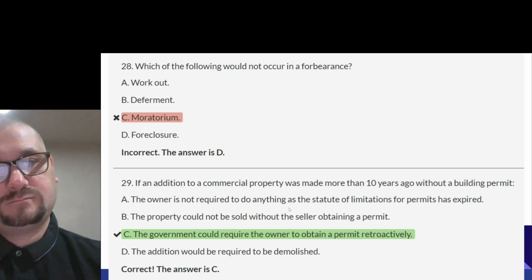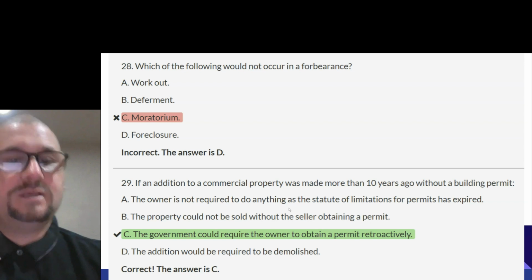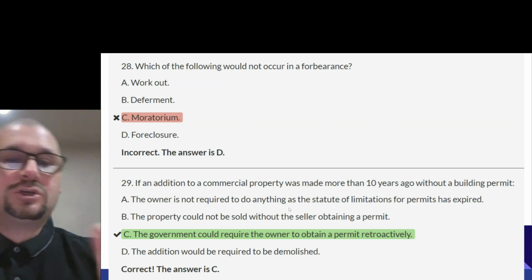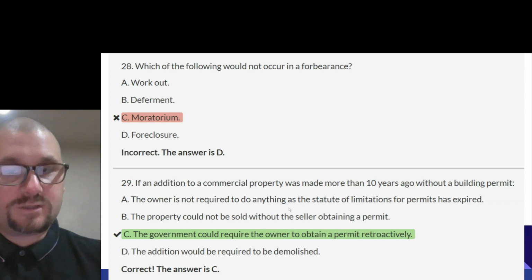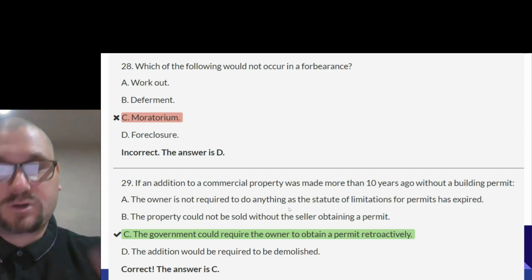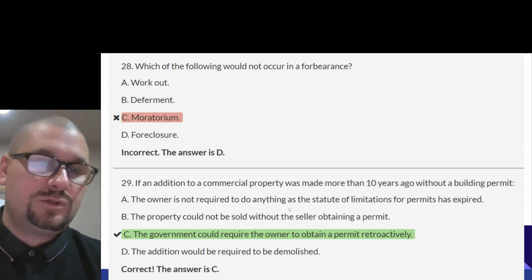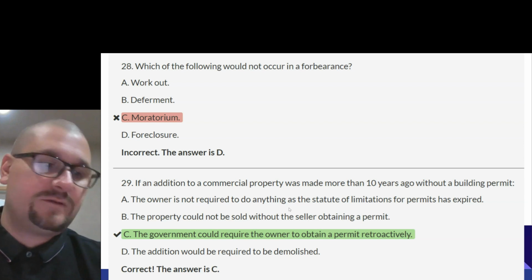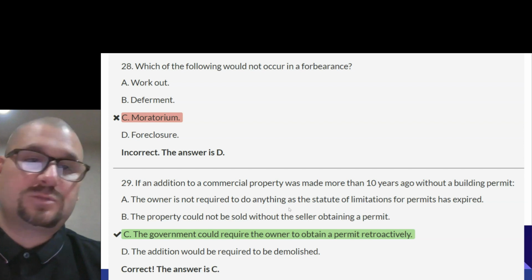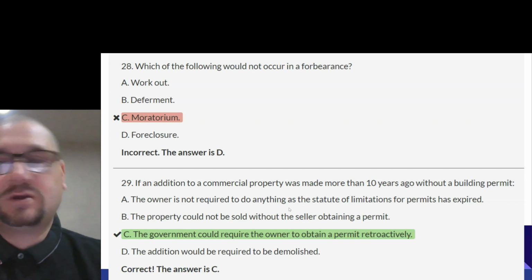Charlie, C. The government could require the owner to obtain a permit retroactively. So you have to make sure you do additions on commercial property with licensed contractors.